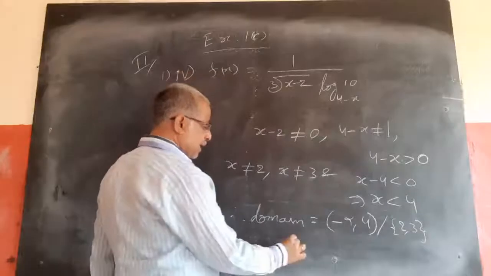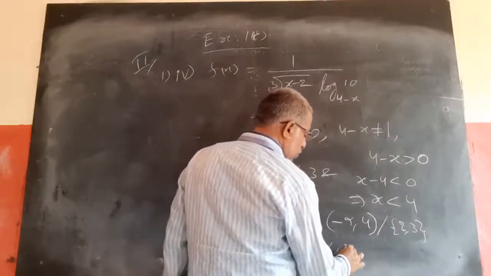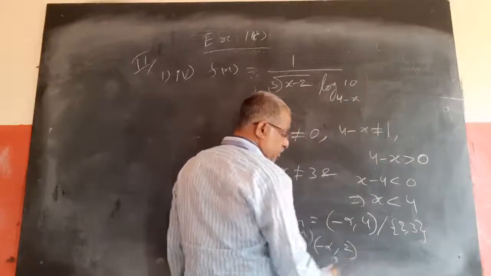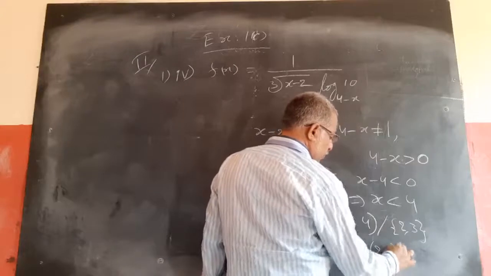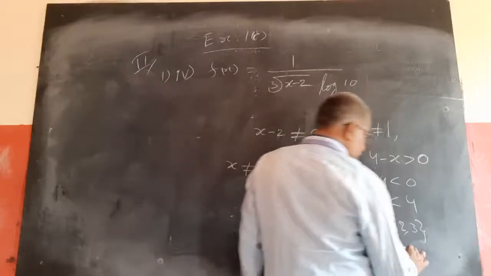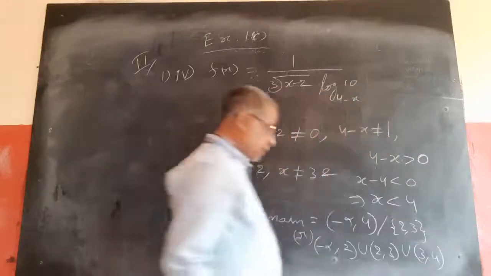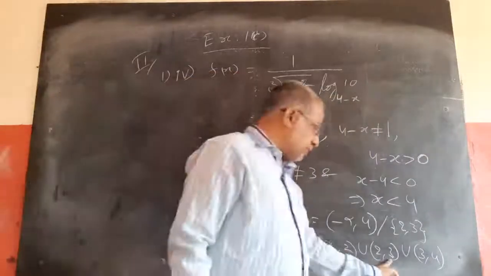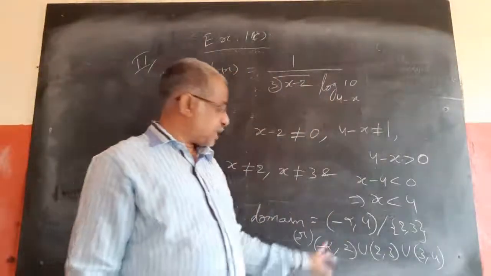Or I can write it like this also: minus infinity to 2, open bracket, union 2 to 3, open bracket, not including, union 3 to 4. I am excluding 2 as well as 3.